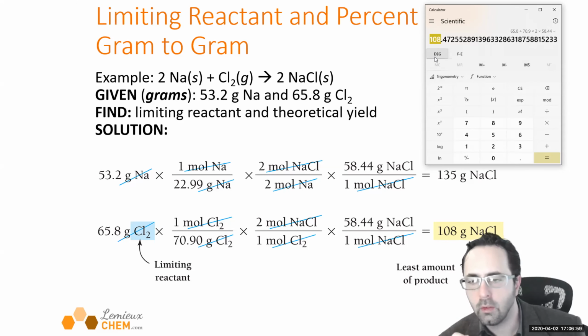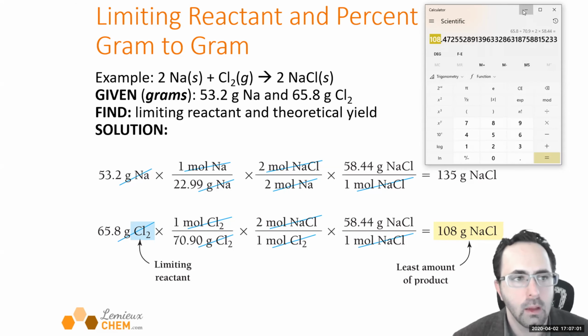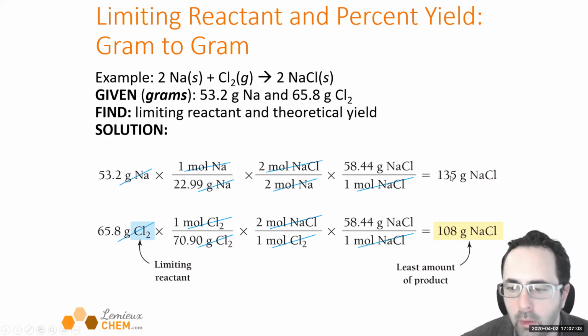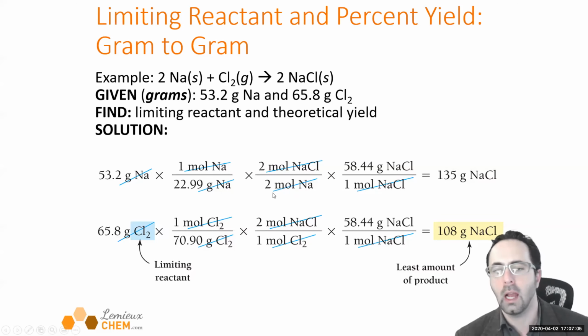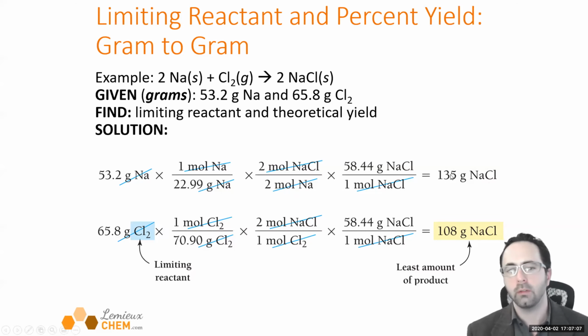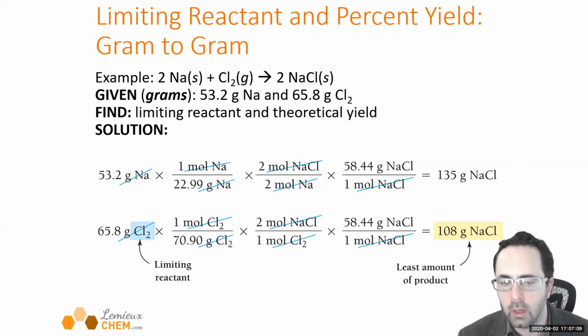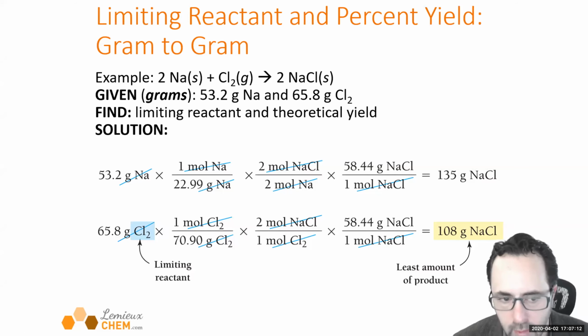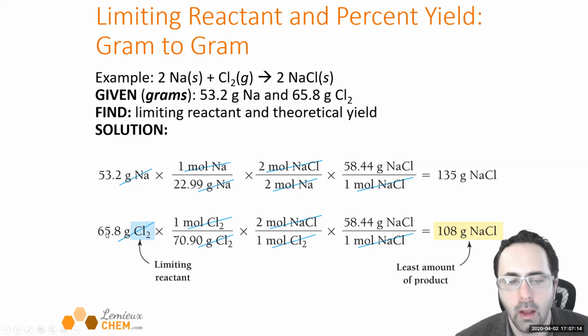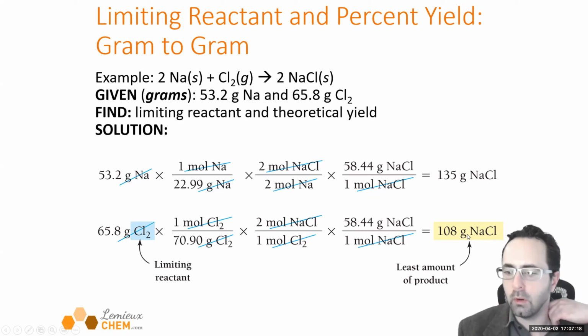So what this means is that if all the sodium were able to react, it could make 135 grams, assuming there was enough chlorine, but there isn't. Because when all of the chlorine reacts, all 65.8 grams, we only get 108 grams of sodium chloride.